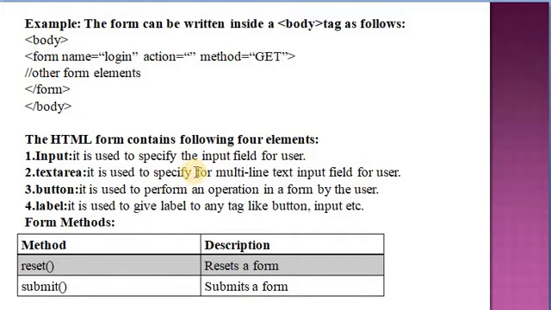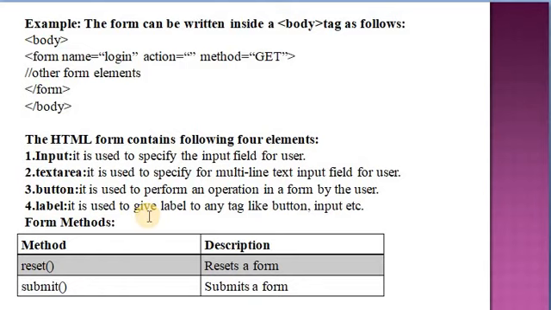Next is the text area. It is used to specify a multi-line text input field for a user. Next is a button. It is used to perform an operation in a form by the user. And label is used to give a label to any tag like a button and input, etc.